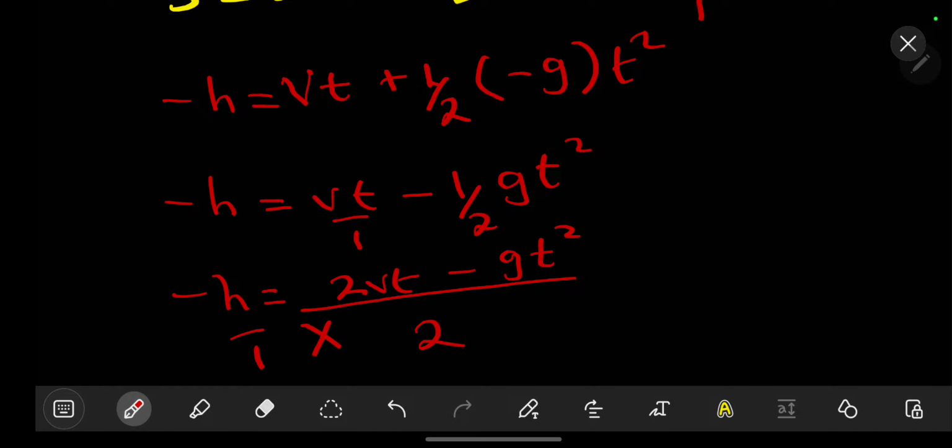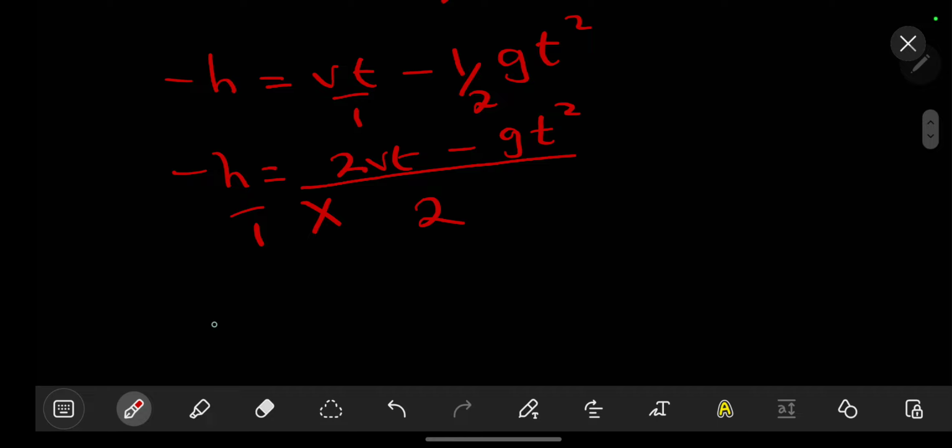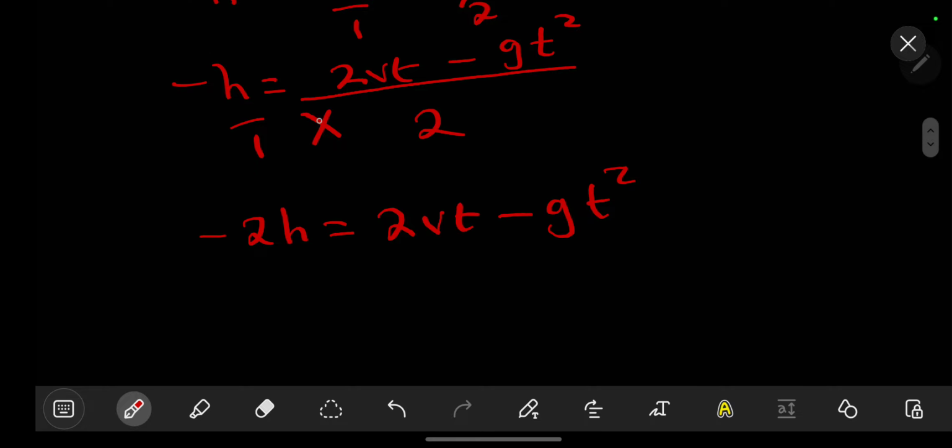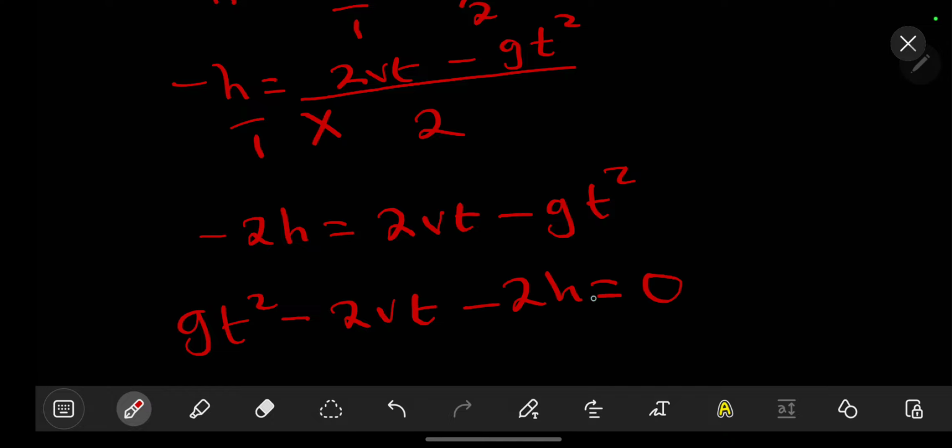From here we cross multiply: negative 2h should be equal to 2vt minus gt squared. So in this equation, we take the gt squared to the other side: gt squared, minus 2vt, plus 2h, which should be equal to 0.